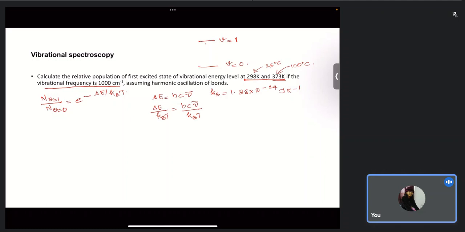And the first thing is at 298 Kelvin, how much is delta E by kBT?